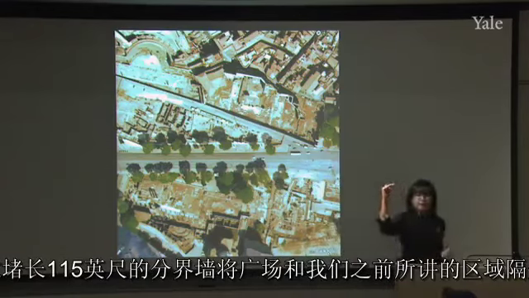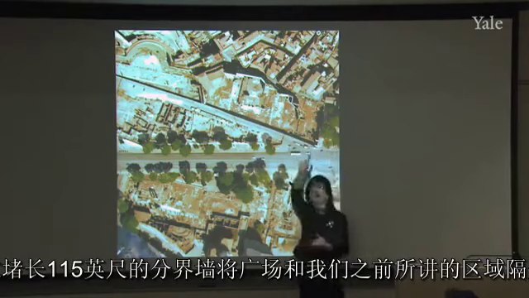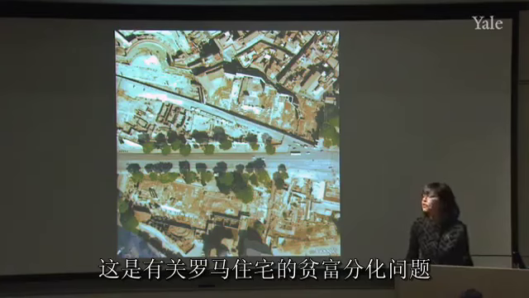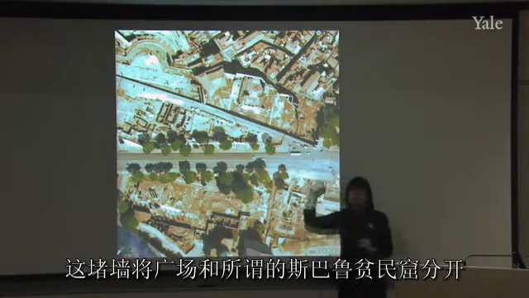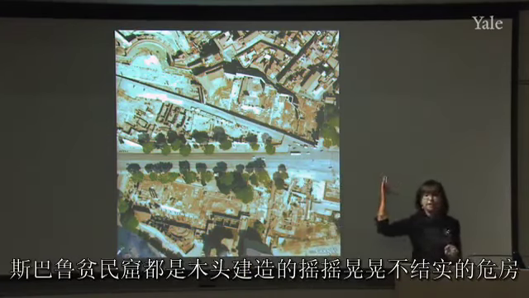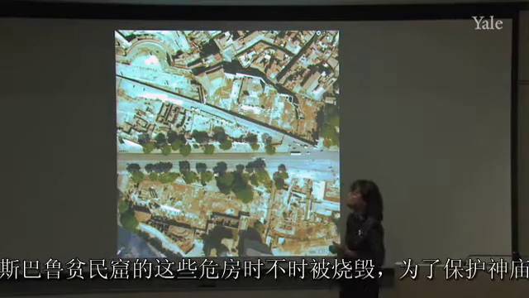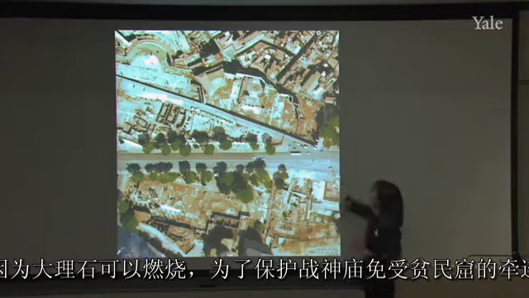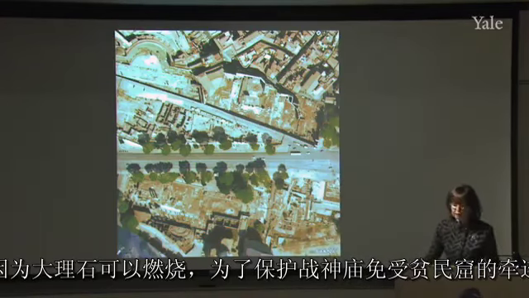It was a 115-foot precinct wall protecting the forum from just the area we were talking about before, that question about housing for the well-to-do and the less well-to-do in ancient Rome, protecting the forum from the so-called subura, S-U-B-U-R-A, which was that area of Rome in which all of those rickety wooden tenement houses were located, and which were constantly going up in fires, to protect the temple, because marble can burn, to protect the temple of Mars Ultor from all of that stuff that was back there in the subura.